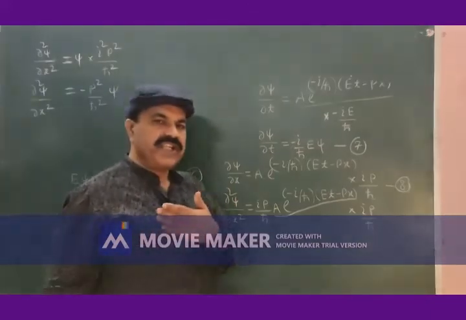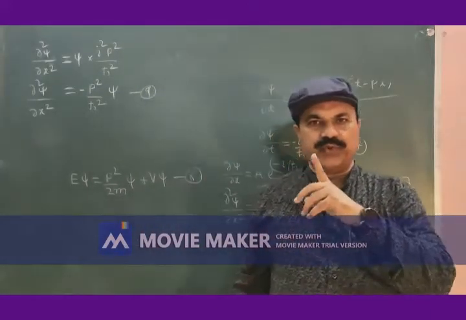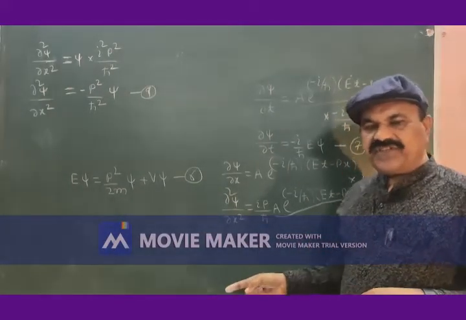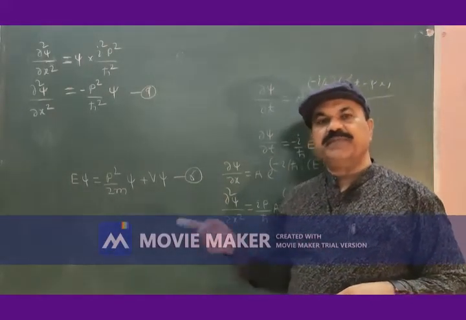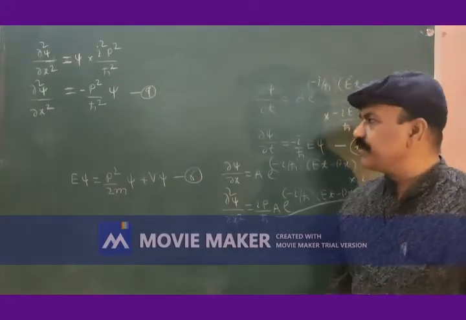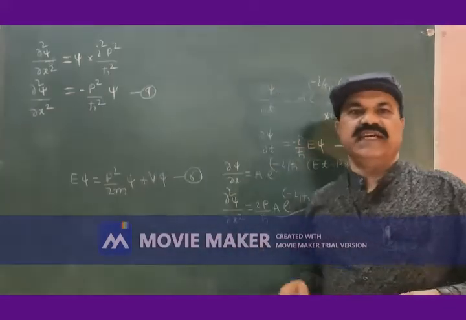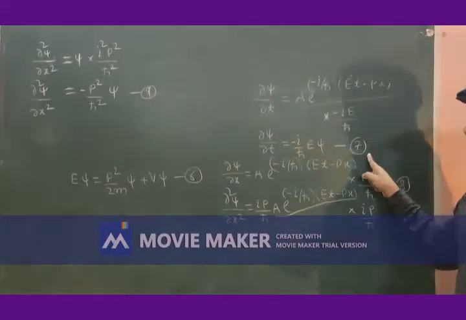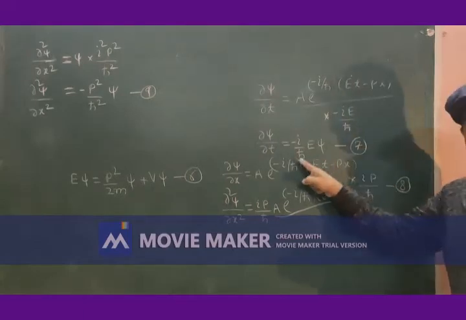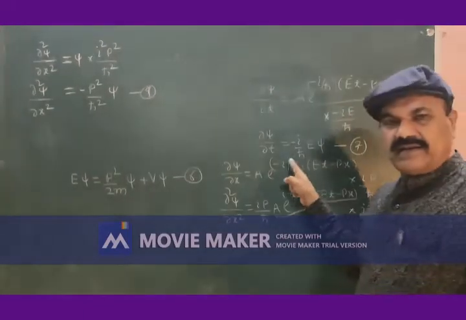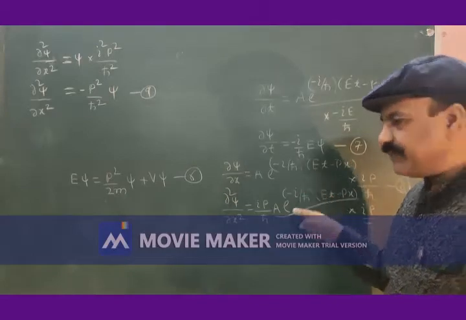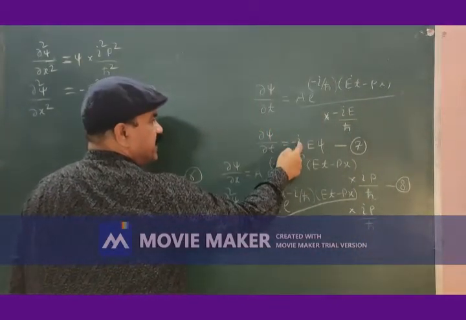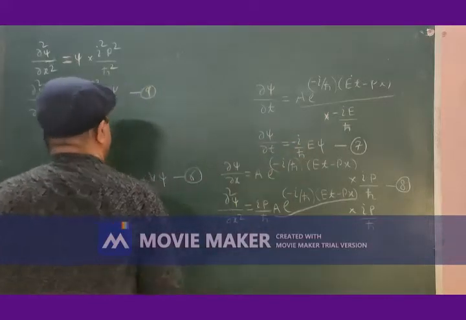So differentiating equation 5 with respect to t, we got equation 7. Differentiating equation 5 with respect to x 2 times, we got equation 9. Let us come back to equation 7 and modify it. Keep this psi on one side and transfer this minus i by h cross to the other side.